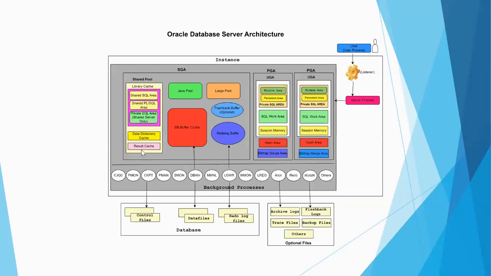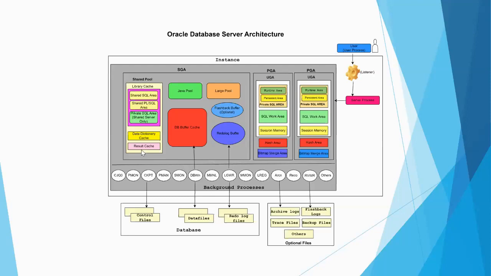Otherwise, if you want the results to be stored for specific SQL statements, then you have to make use of something called SQL hints. You have to pass certain hints when you fire the query to Oracle, saying that you want the result set of this query to be specifically stored in the result cache.